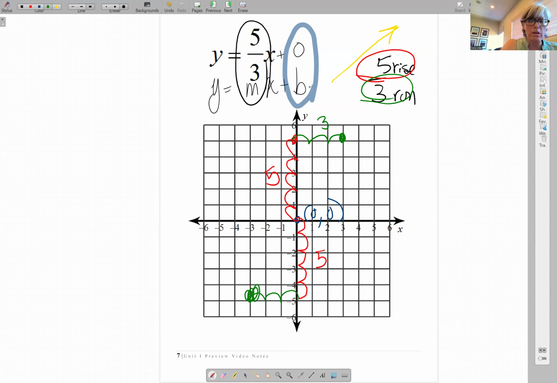But either way, my line must tilt upwards from left to right. And this is, I'm going to label it y equals 5/3 x plus 0, technically.